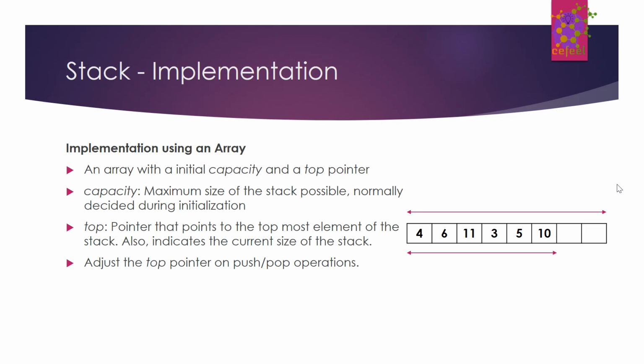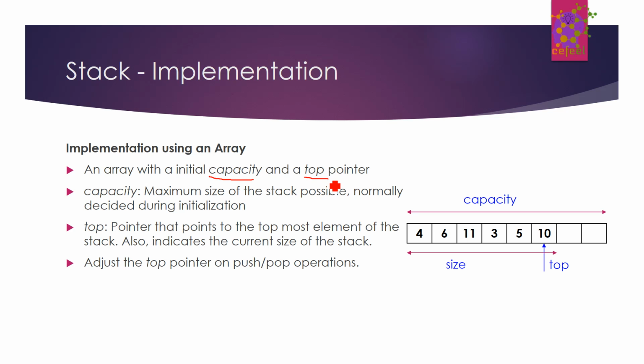Let's say an initial capacity that we will call capacity, and we will have a top pointer which points to the topmost element in the stack, or the latest element that was added. Capacity is the maximum possible size of the stack.